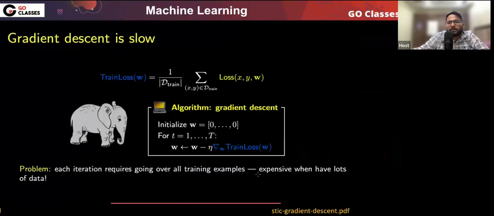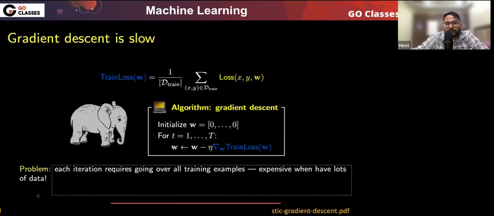Okay. But gradient descent is also slow. What is the reason behind it? So anyone wants to guess why you think the gradient descent is also slow?